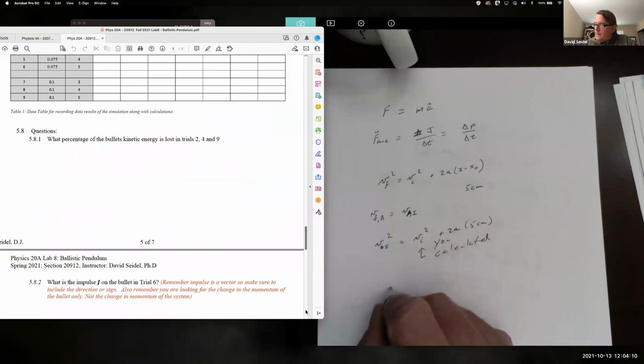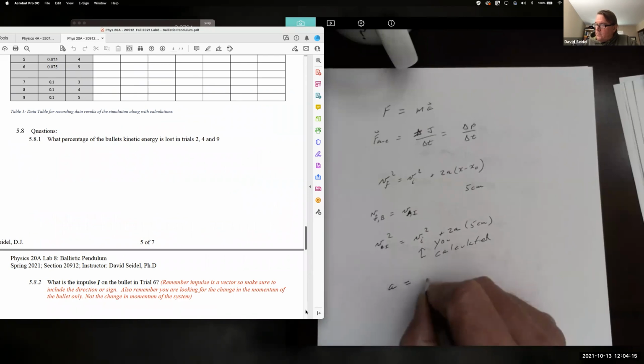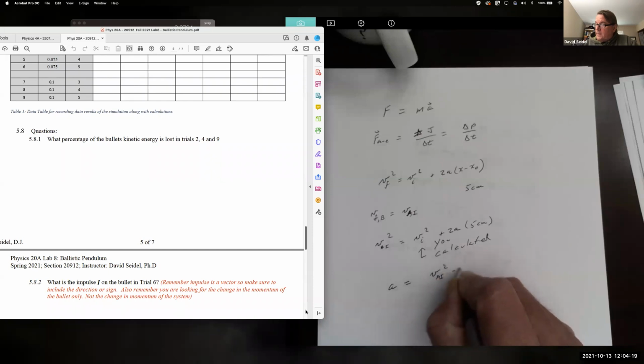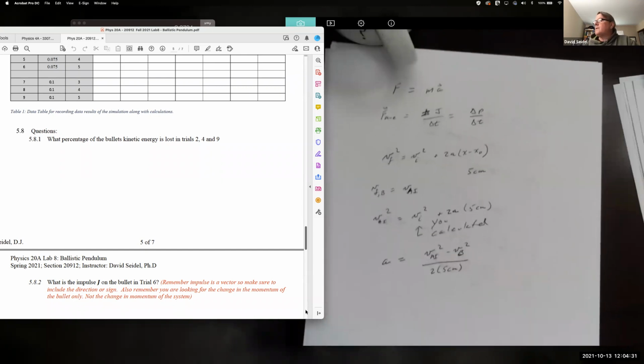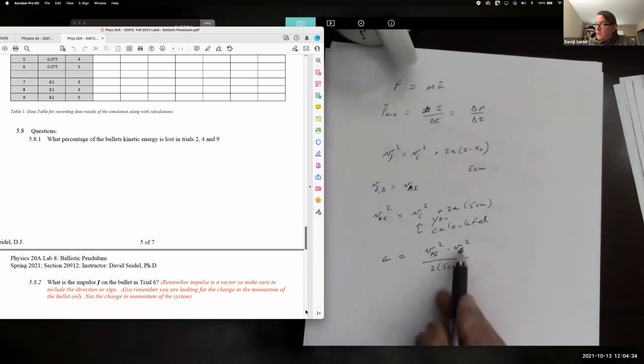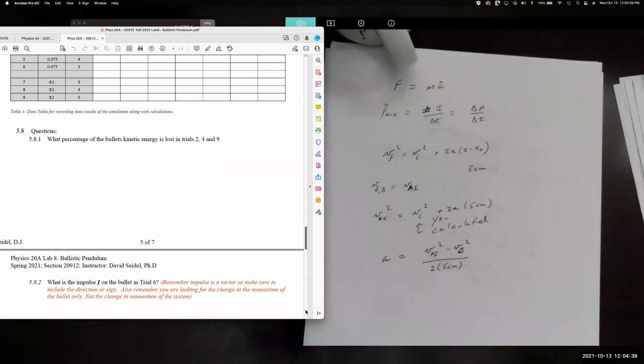So I can get my acceleration is equal to velocity after impact squared minus velocity before impact squared. It's just velocity of the bullet squared divided by 2 times 5 centimeters. Now you gotta make sure to put that into meters. And this is gonna give you a negative sign as it should, because you're decelerating. It's in the negative direction. And this is its average acceleration.